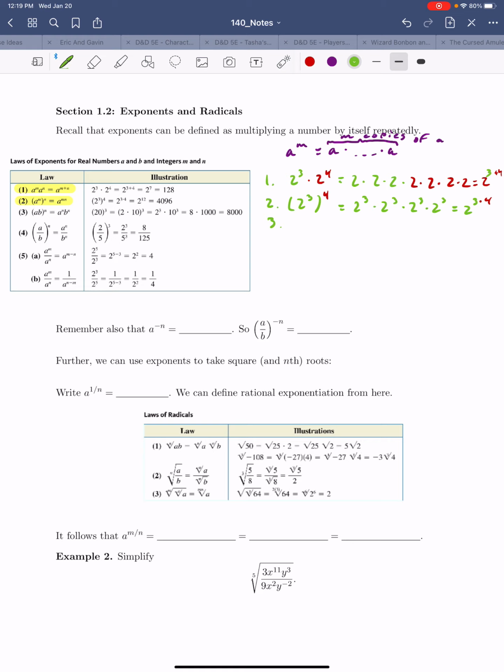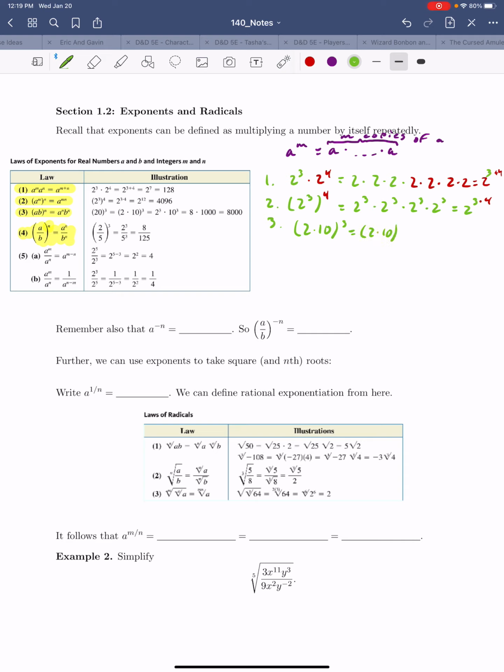Number 3. Radicals work well with multiplication and division. Same with number 4, right? Radicals work well with multiplication and division. That's just how it works. Maybe that makes sense since we can define radicals through multiplication. But if you have, for example, 2 times 10 cubed, well, think about that.